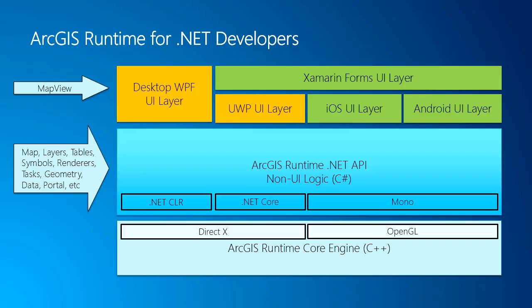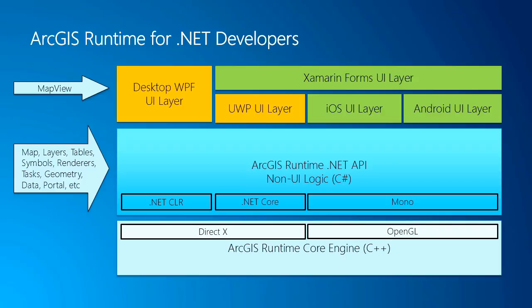And then on top of this, we've got a thin UI layer that supports Forms. So the ability to provide an abstract UI that you can use to target iOS, Android, and also UWP as well. This is something that we support today in our current beta release.